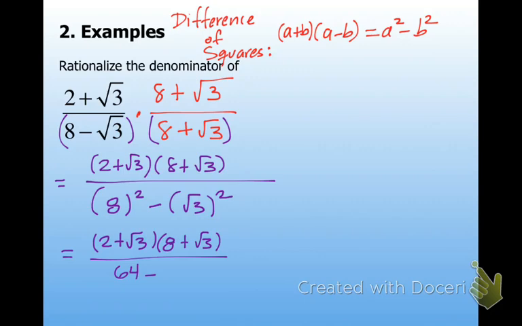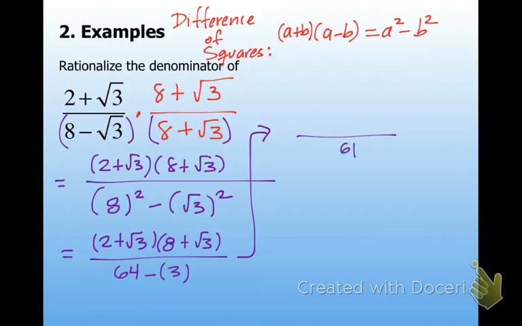If I square a square root, it's like not doing anything to the number, so I have 3. Because the square root is going to go with the square. So what do we get? 64 minus 3 is 61, that's easy.